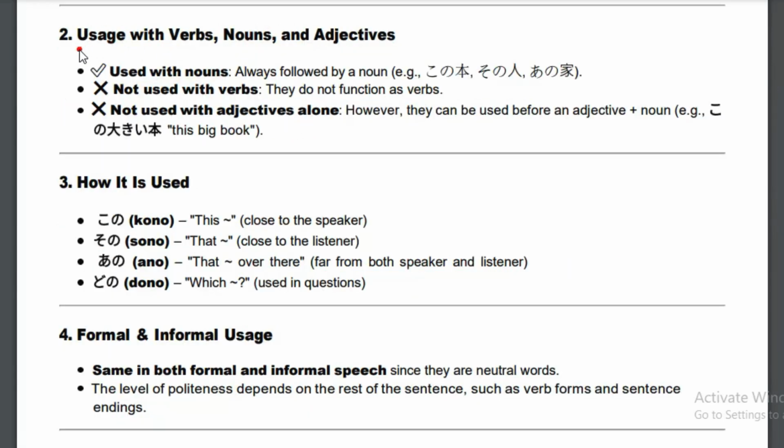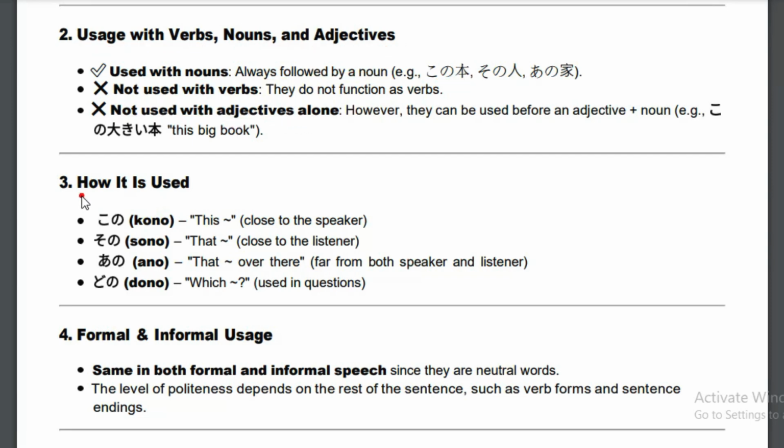Let's see usage with verbs, nouns, and adjectives. They are only used with nouns, always followed by a noun, like kono hon, sono hon, ano ie, and are not used with verbs or adjectives.